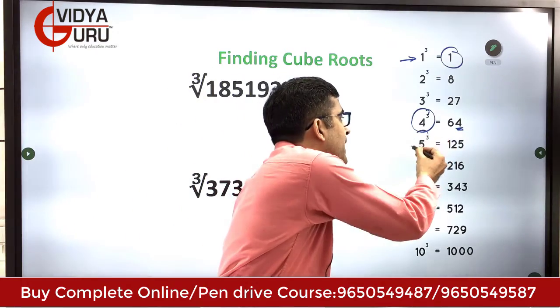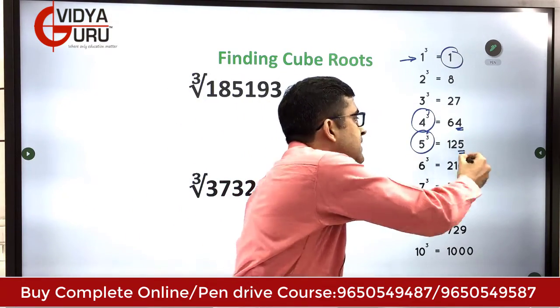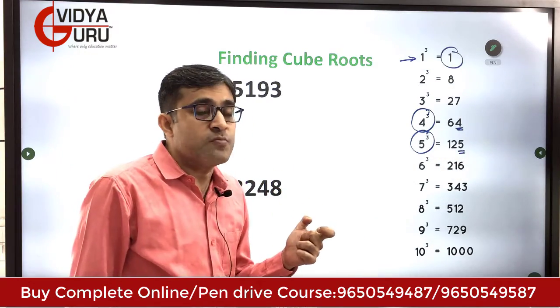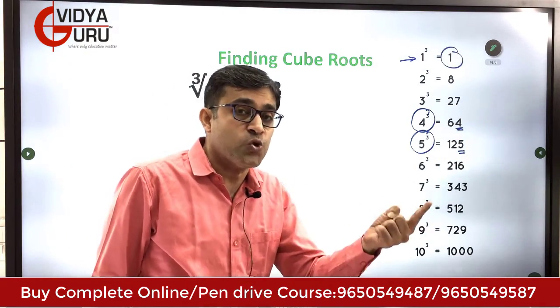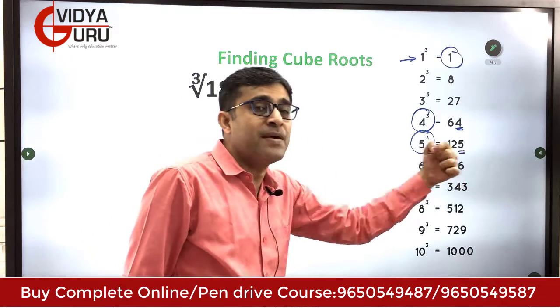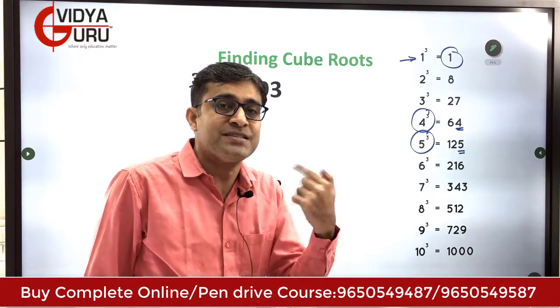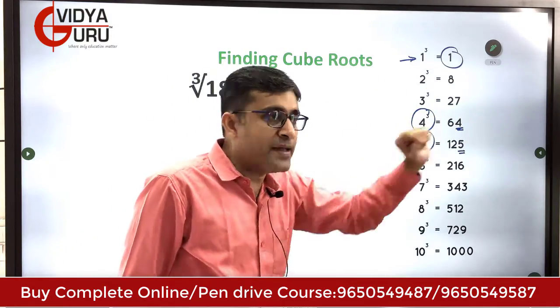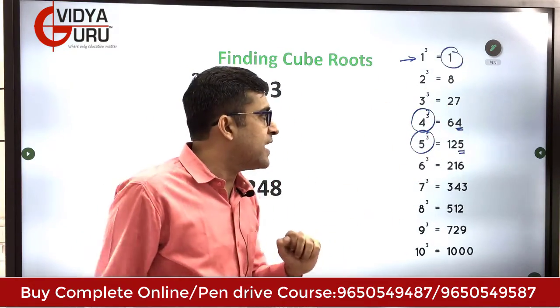Similarly, 5 cube ends in 5. I'm talking about those numbers whose cube ends in the same digit. So 1 cube ends in 1, 4 cube ends in 4, 5 cube ends in 5.